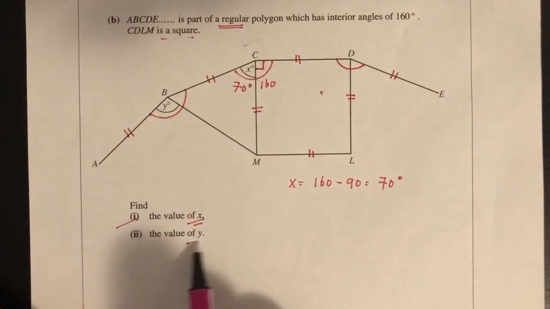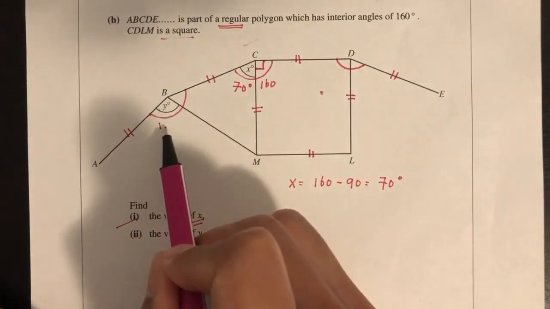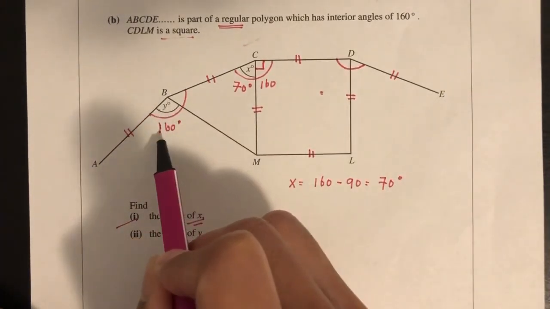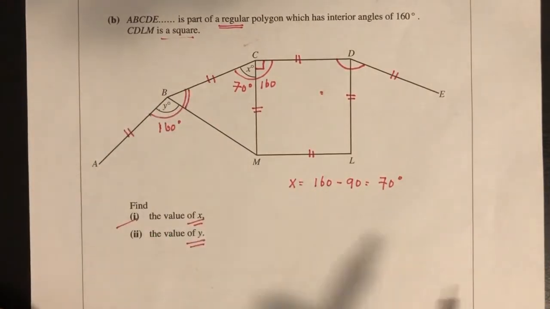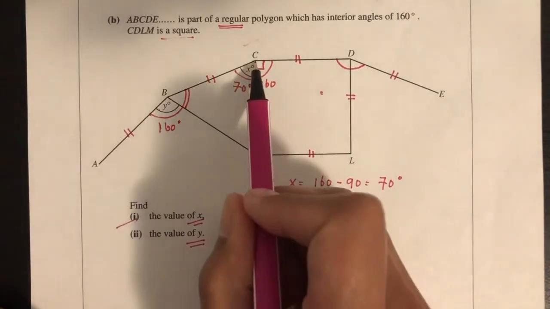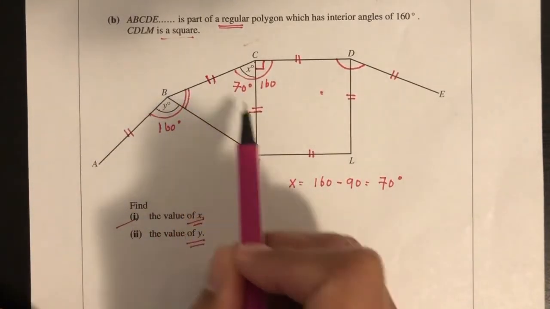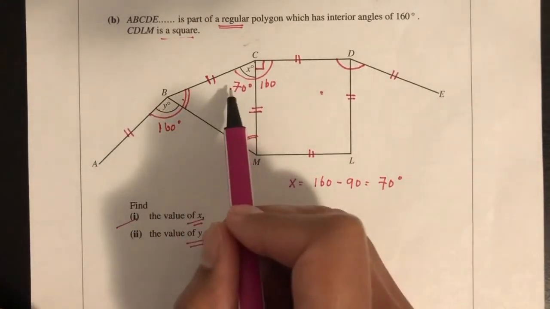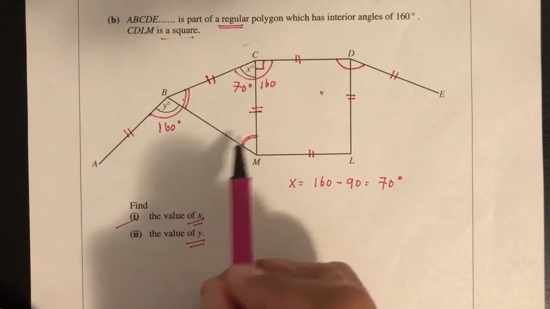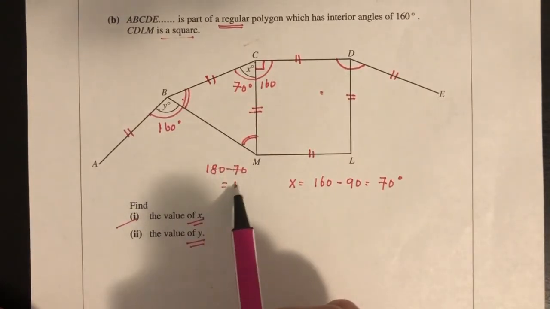Now find the value of y. Y will be this. This big one is 160. So we have to find this angle here. So how do you find this angle? You observe that triangle CBM is an isosceles triangle with these two sides the same, which means this angle and this are the same. So we know this one already. So these two will be 180 minus 70, which is 110.